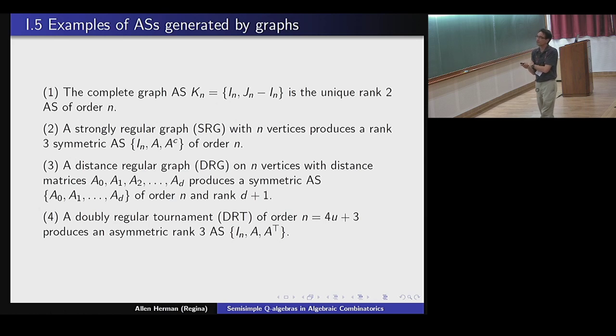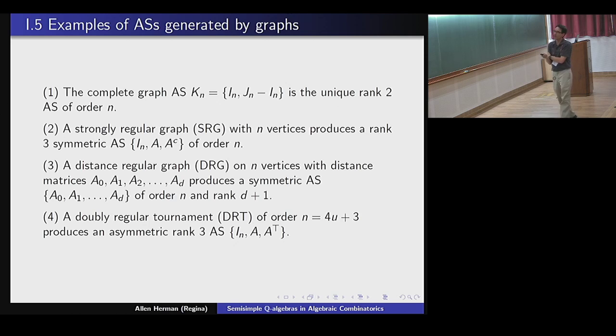And you generalize that to distance regular graphs on n vertices. The distance matrices of the graphs produce a symmetric association scheme where every element is a symmetric matrix, and it will have order n and rank d plus 1, where d is the diameter of the graph.